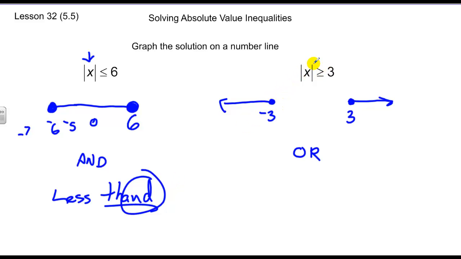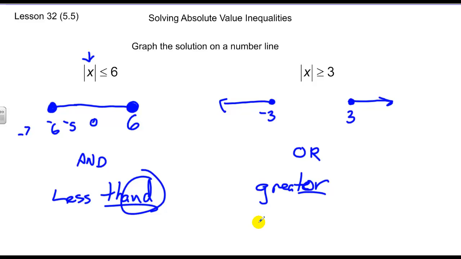If you take a look at this guy right here, the absolute value is greater than or equal to 3, well, "greater" you'll know that those are all like the "or" problems. Like I said, kind of cheap, kind of easy.